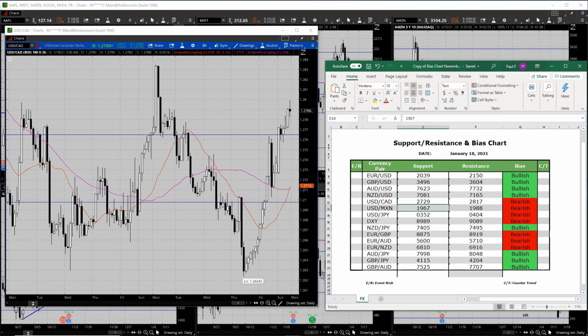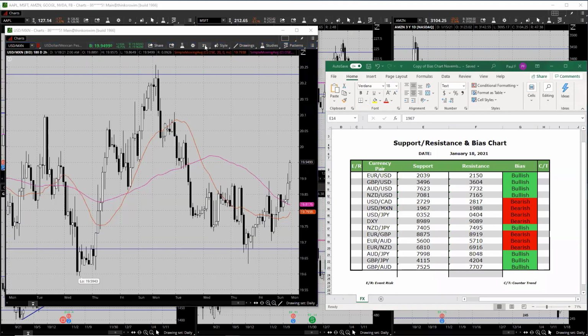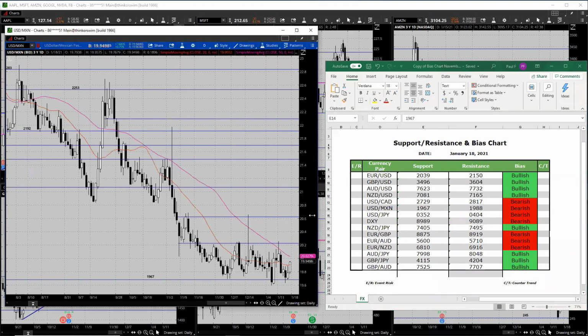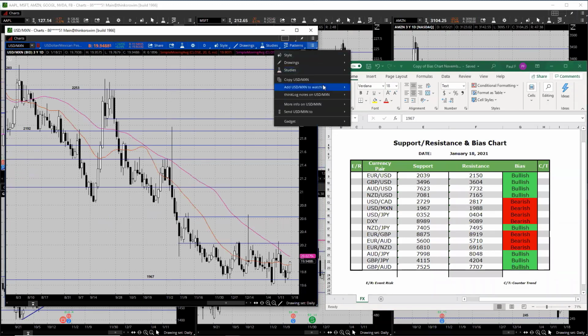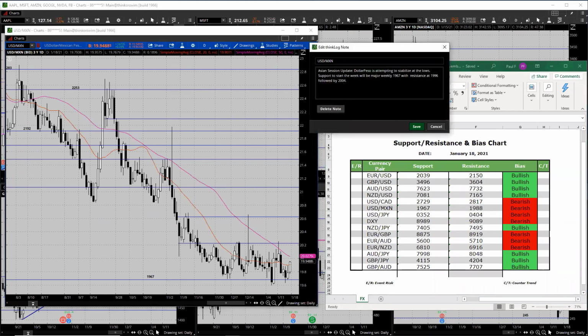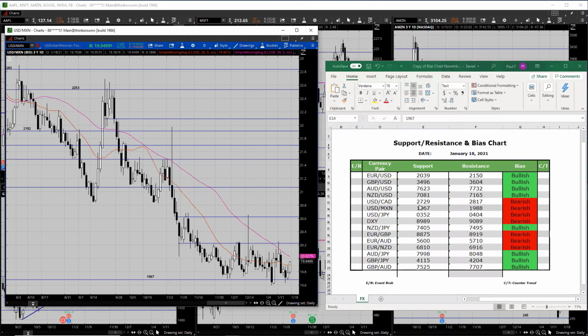Let's go on and move in now to the dollar peso. The dollar peso is attempting to stabilize at the lows. Support to start the week will be major weekly level of 1967 with resistance at 1996, followed by 2004.